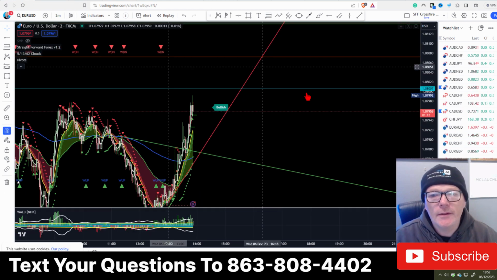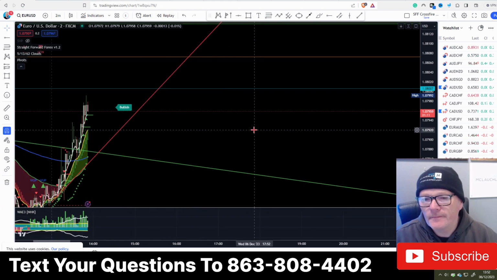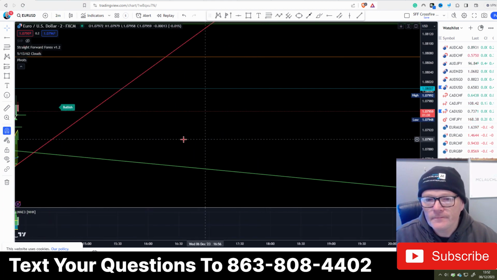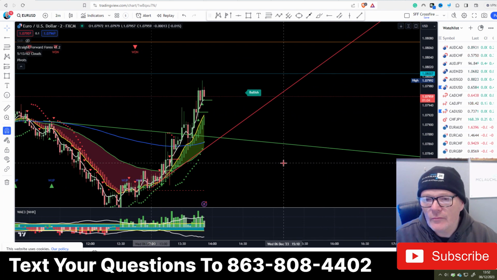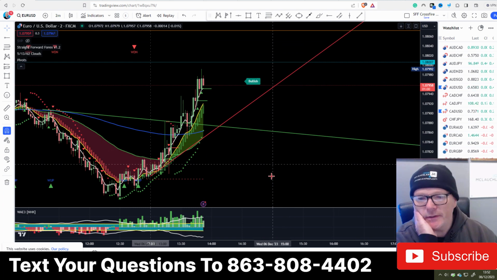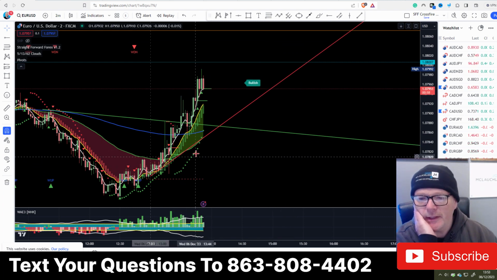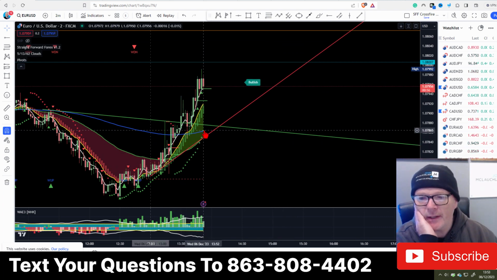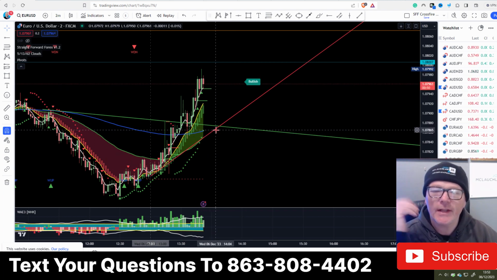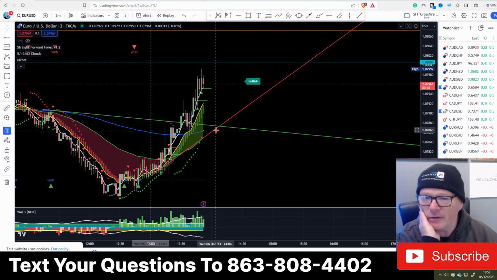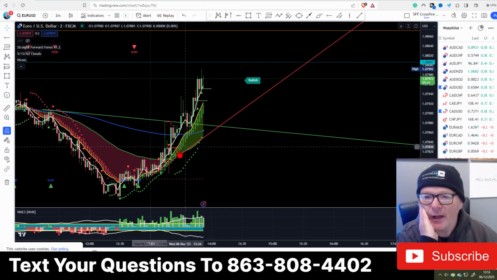Right, let's go back to the Euro USD. So the first thing I'm looking at here is the fact that the PSAR is a good distance away from the candle. Where the PSAR is a good distance away, that's one stack of probabilities that tells us it's still in a nice buy phase.